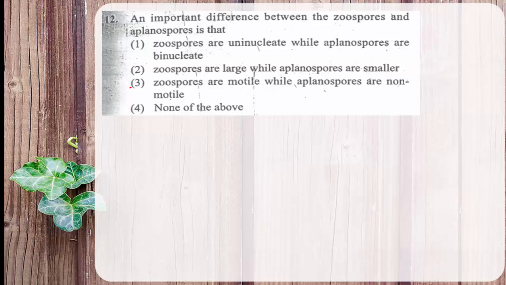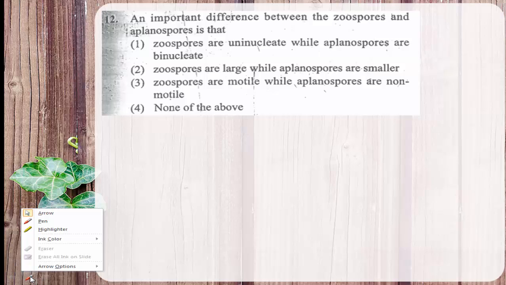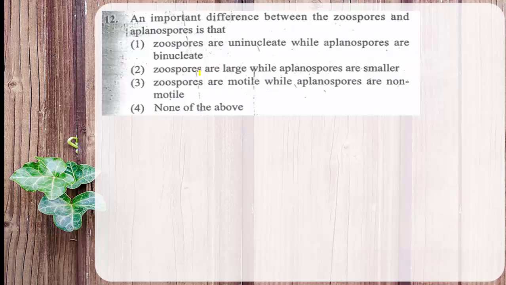Zoospores are motile while aplanospores are non-motile, and none of the above. The major or important difference between zoospores and aplanospores is that zoospores are motile whereas aplanospores are non-motile.